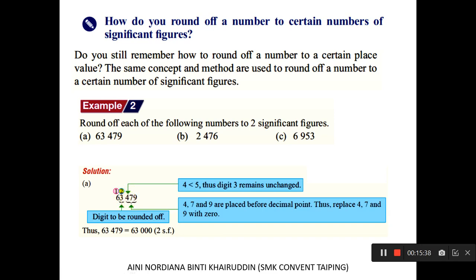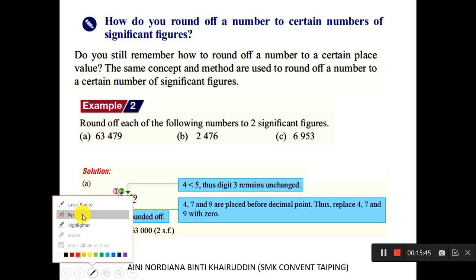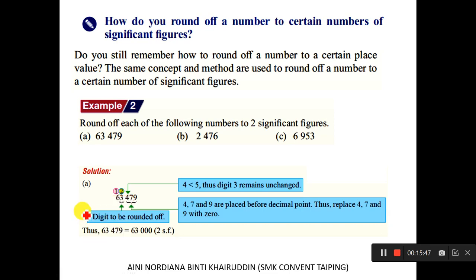Before this, let me use my pen so that it is easier for you to look. The digit 6 here is the first significant figure, and the 3 here is the second significant figure. Have a look at the number next to the second significant figure, which is 4.